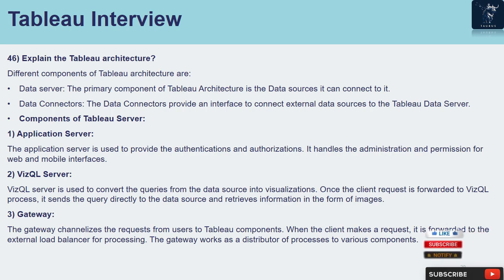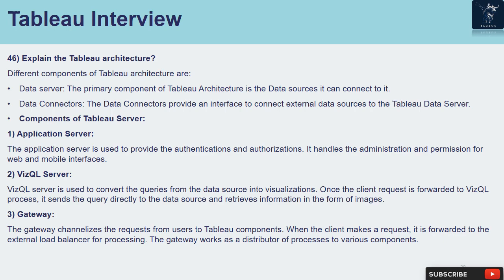2. VisQL server. VisQL server is used to convert the queries from the data source into visualizations. Once the client request is forwarded to the VisQL process, it sends the query directly to the data source and retrieves information in the form of images. 3. Gateway. The gateway channelizes the requests from users to Tableau components.